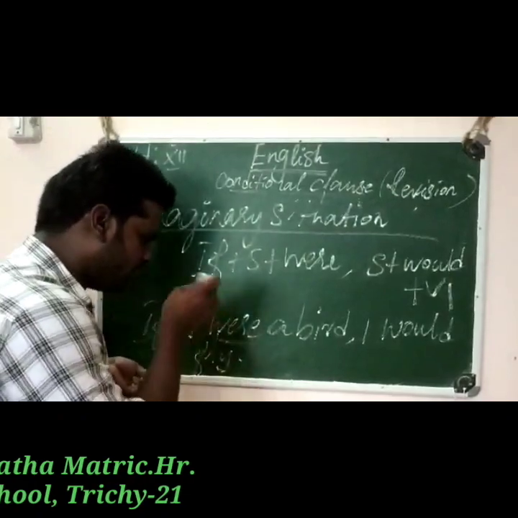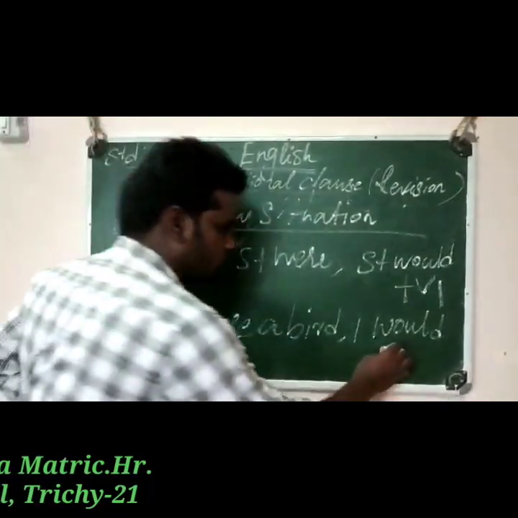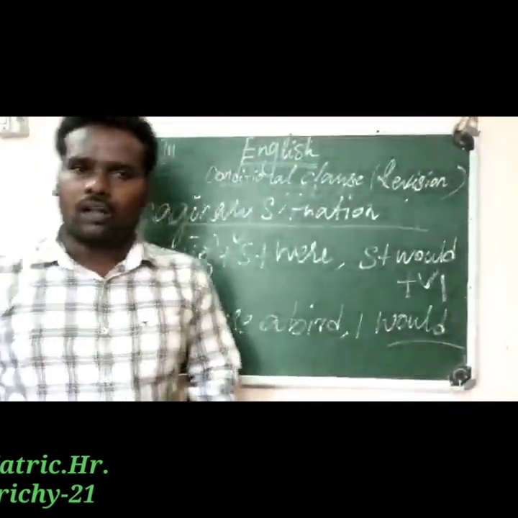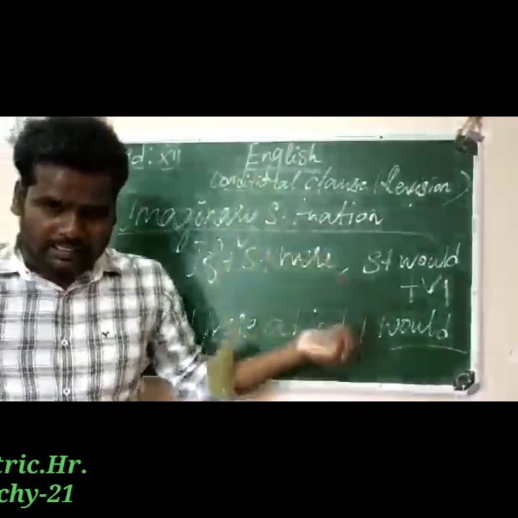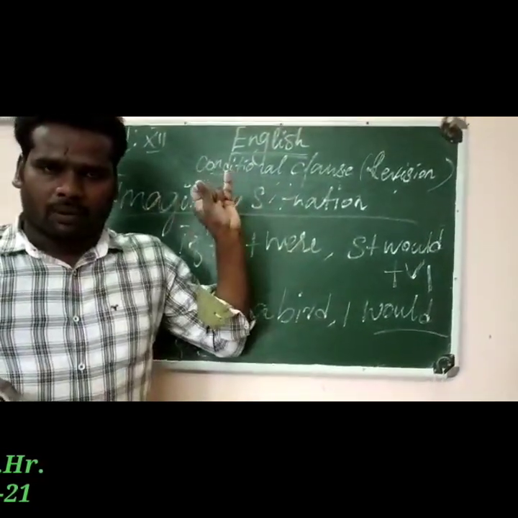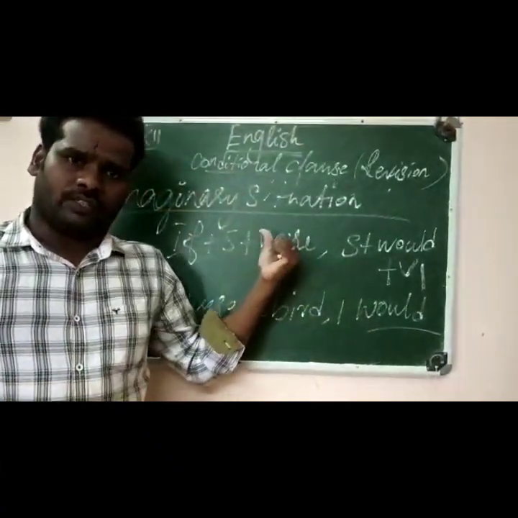That is the rule. Condition part: if I were a bird, I would fly. Would plus V1, fly. Okay, I hope you all understood this condition class. Zero type, then the first type, probable, improbable, and unfulfilled condition, imaginary situation. Okay, thank you.